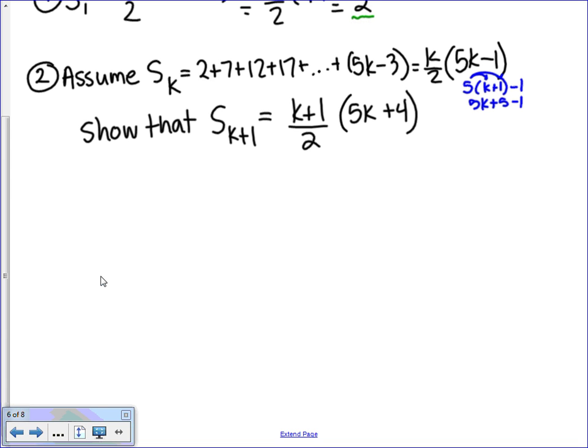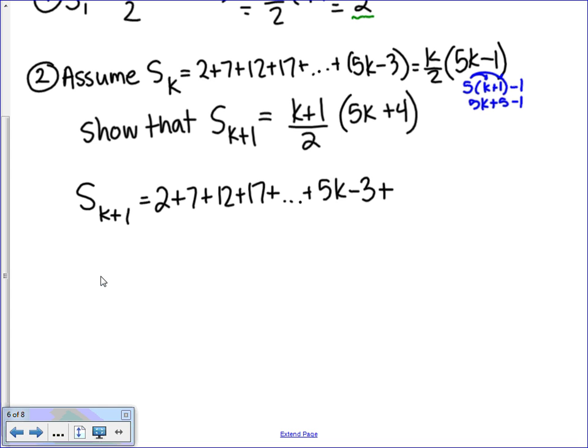So you go to S sub k plus 1. And S sub k plus 1 has to include all of the things for S sub k: 2 plus 7 plus 12 plus 17 plus 5k minus 3, plus an extra term.